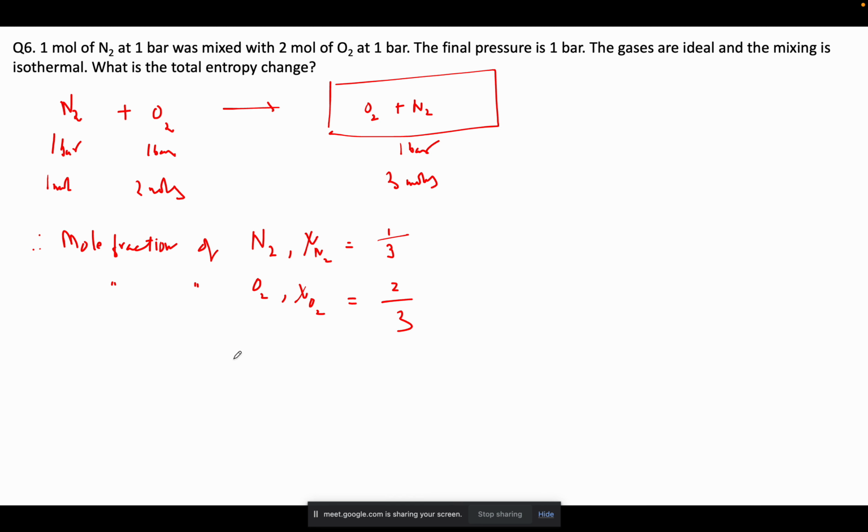Now we know that partial pressure Pi is equal to Xi into total pressure.